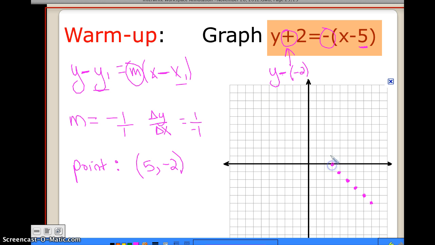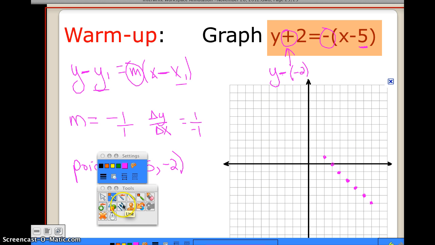So plot a few points, enough where you can actually now connect it with a line. Don't forget to put arrows on the ends of your line, and don't forget to label it with the original equation.